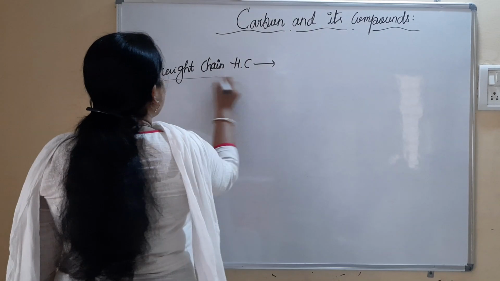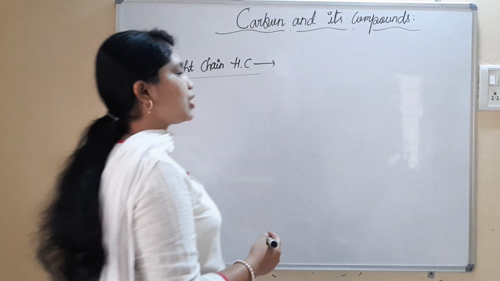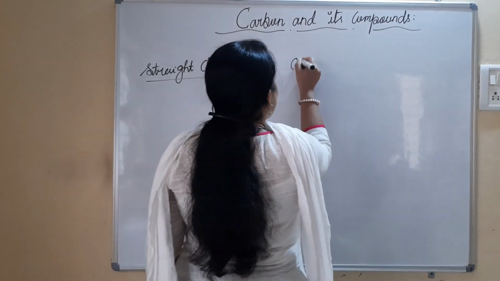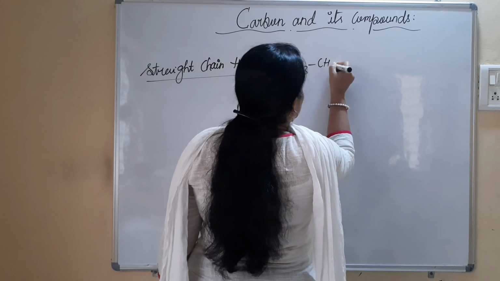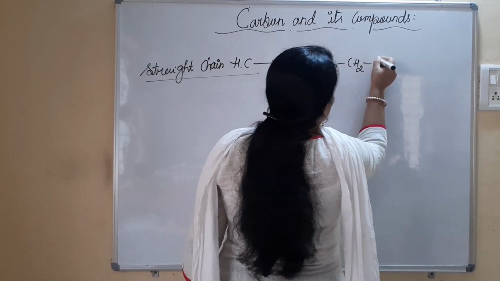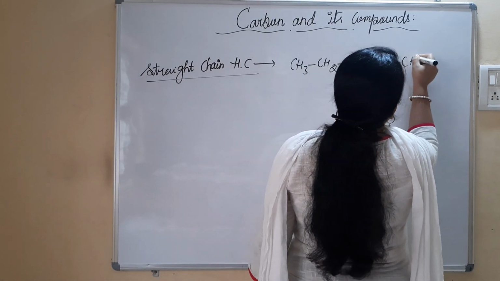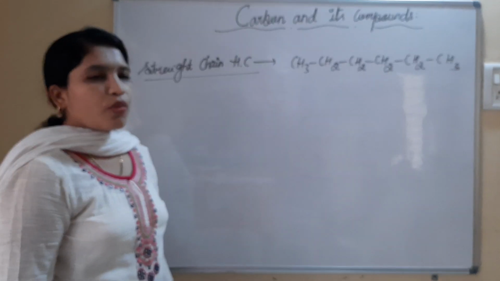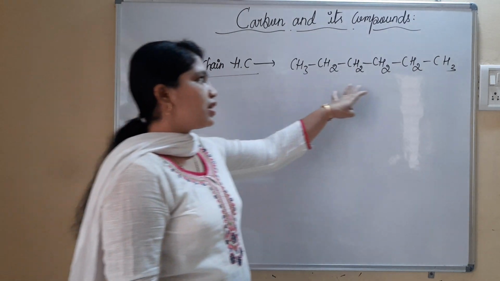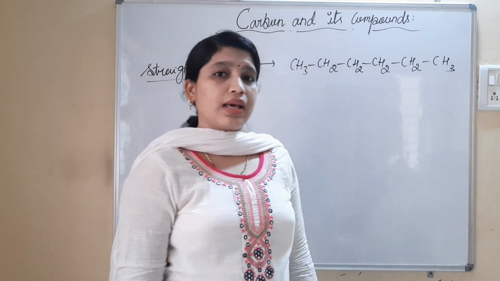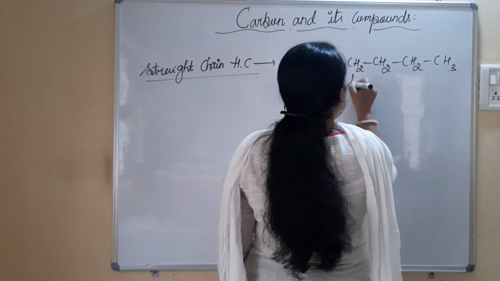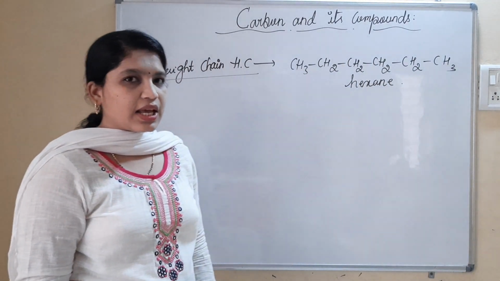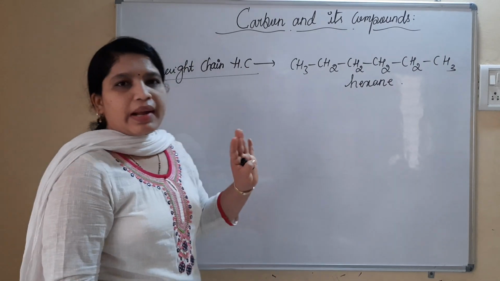So here also let me give you some examples so that things become very clear for you all. See here, I have CH3, CH2, CH2, CH2, CH2 and CH3. Can you count and tell me what molecule it is? Definitely it is a 6 carbon compound. We can call it hexane, normal hexane, straight chain hexane, right? There is no branching at all.